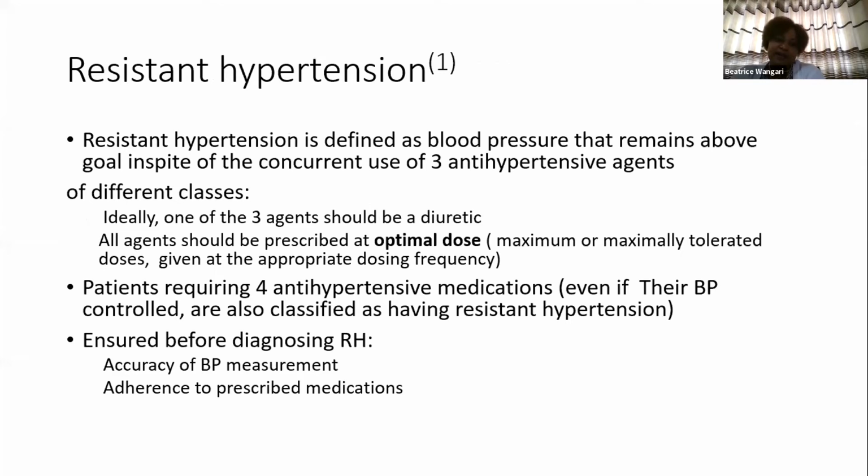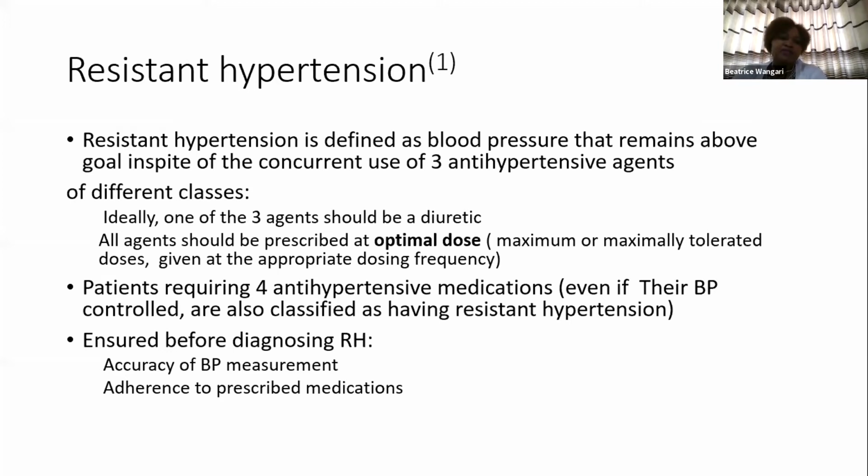Now, the caveat here was that one of these agents should be a diuretic, and these agents should be prescribed at optimum dose, where optimum dose is defined not necessarily as the maximum manufacturer's recommended dose, but the maximum tolerated dose by the patient.